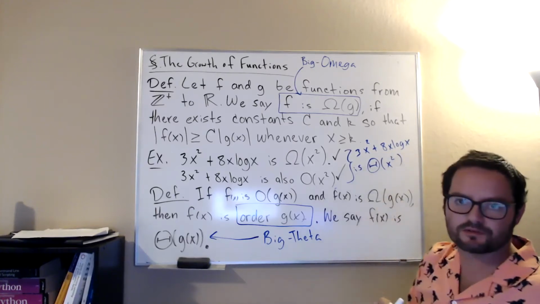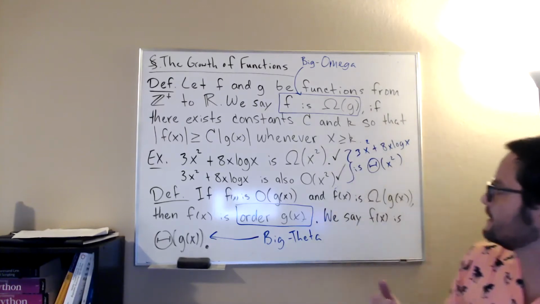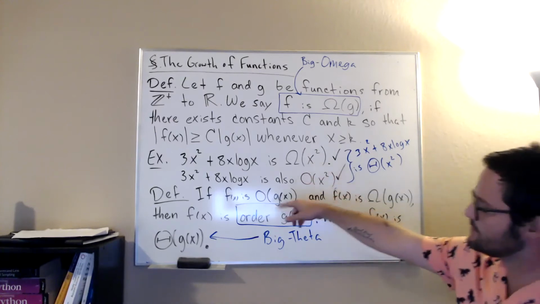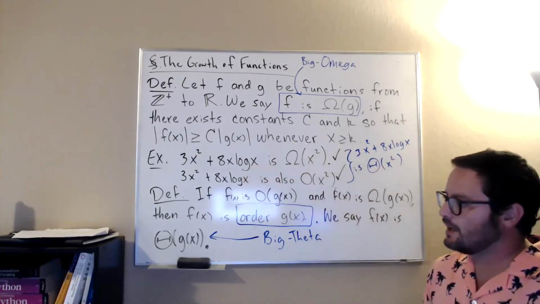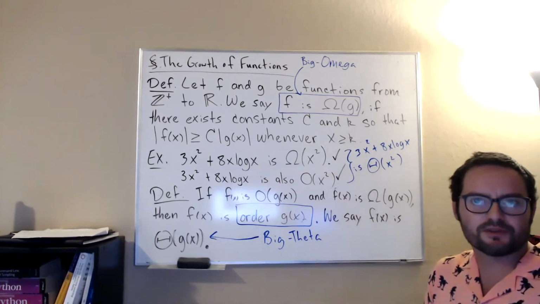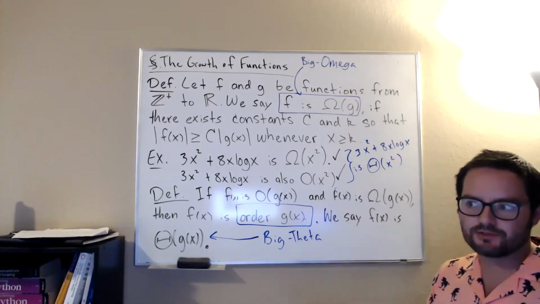They have the same order, which you should interpret as f, this function here, and g, this function here, more or less grow at the same rates as x grows to infinity. That's how you should interpret it.